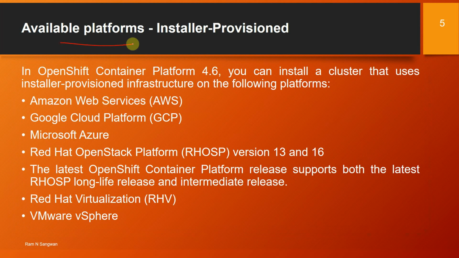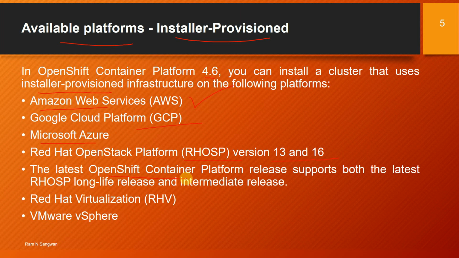Available platforms for installer provisioned. In OpenShift Container Platform 4.6, which is part of this discussion, you can install a cluster that uses installer provisioned infrastructure on AWS, which is our discussion in this session, Google Cloud Platform GCP, Microsoft Azure, Red Hat OpenStack Platform versions 13 and 16.